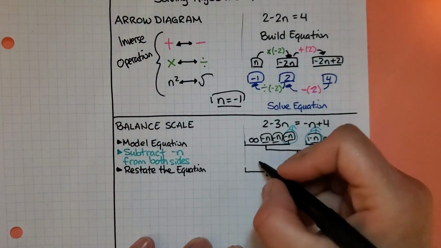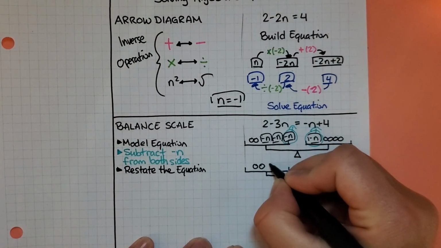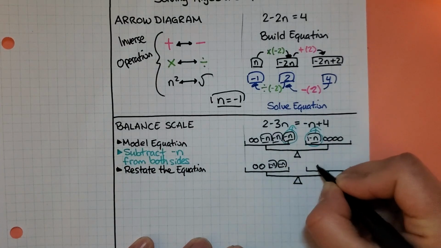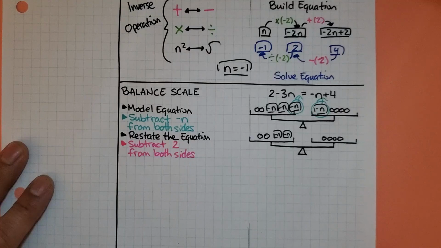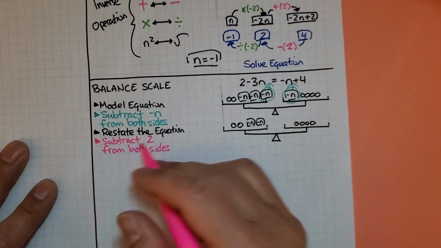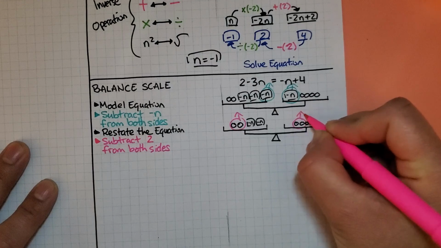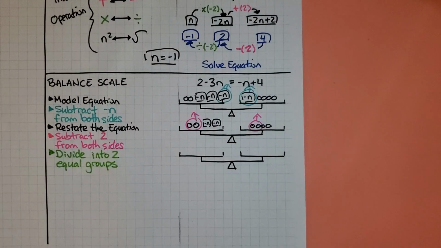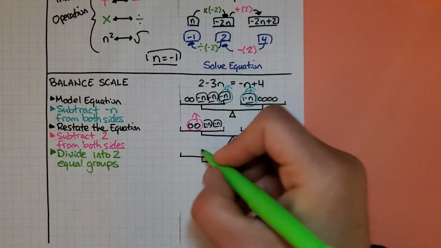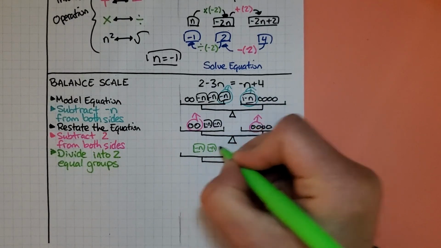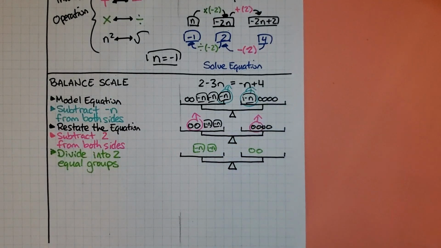And we'll model that like this, circle it, get rid of it. And then we will restate the equation. We will subtract 2 from both sides. Get rid of them. Getting those n's by themselves. We will divide into 2 equal groups to find out how many is in one group.